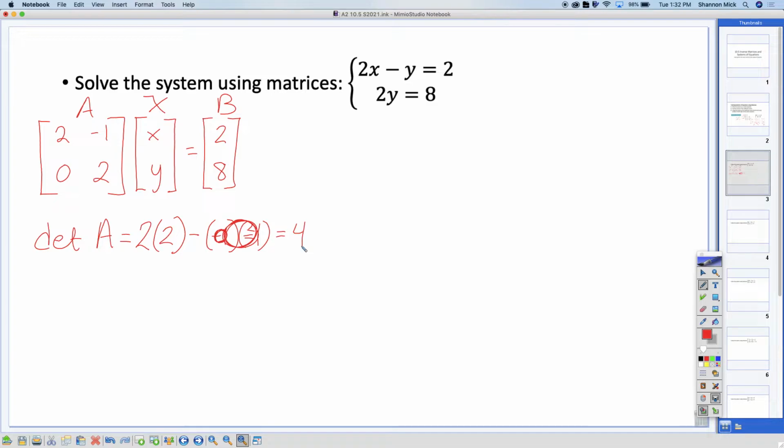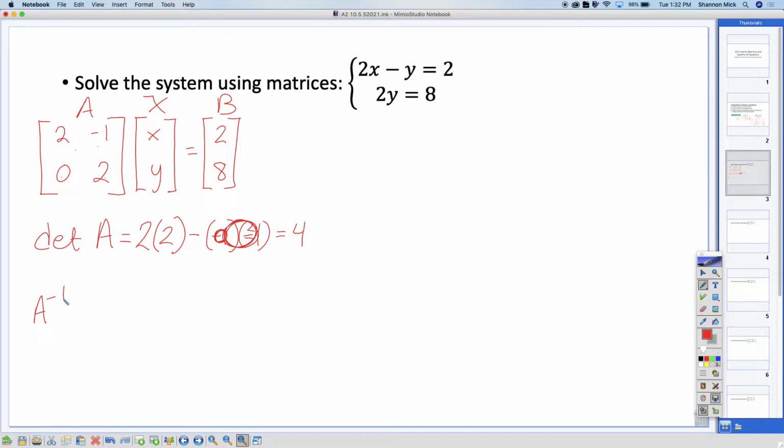If it's 0, then what? 2 times 2 minus negative 1 times 0. It's right there. Okay, so A inverse is right here, right?